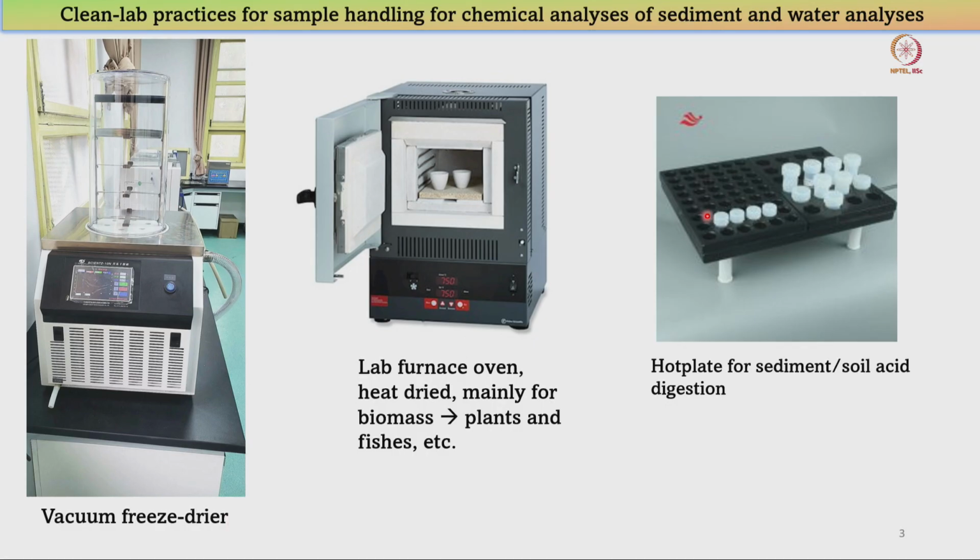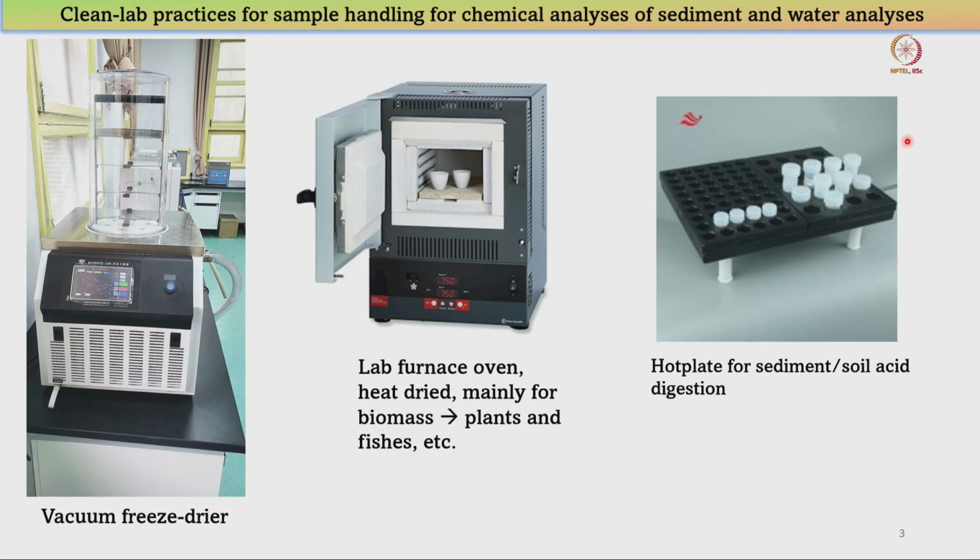So, you will generally find this kind of hot plates, which will be Teflon hot plates. There will be no metals if there is a metal analysis going on. So, your labware should be metal free. Similarly, if you are doing organic analysis, there should be no organics in the lab. So, here if you are doing metal analysis, this is entirely metal free.